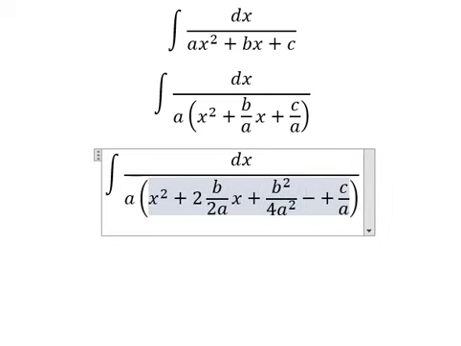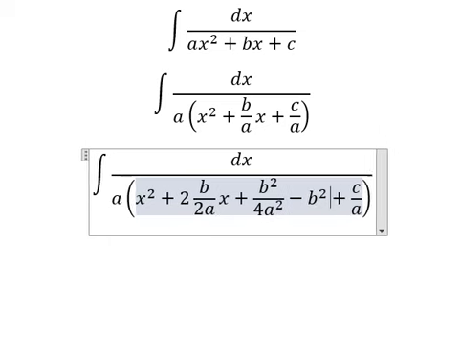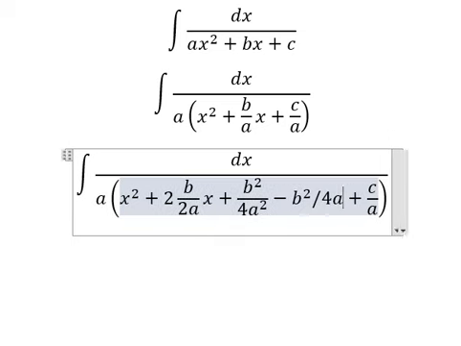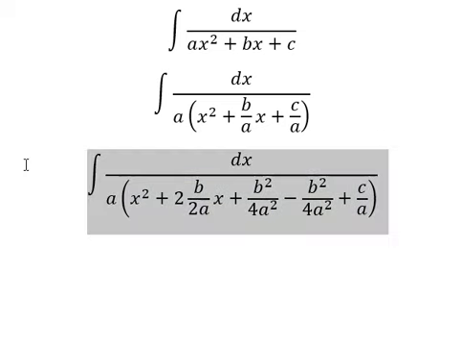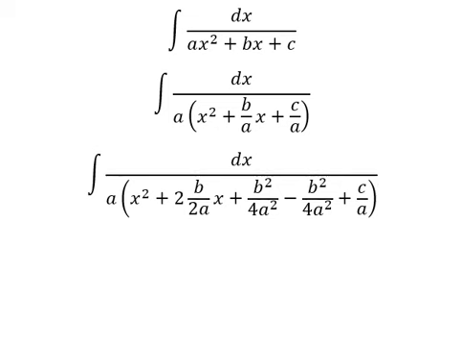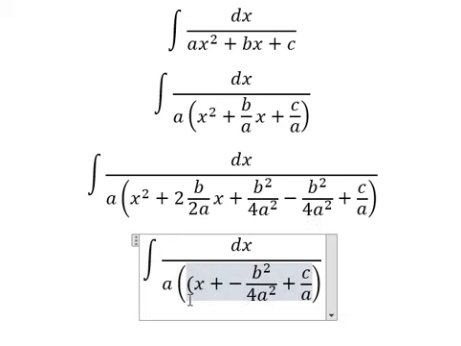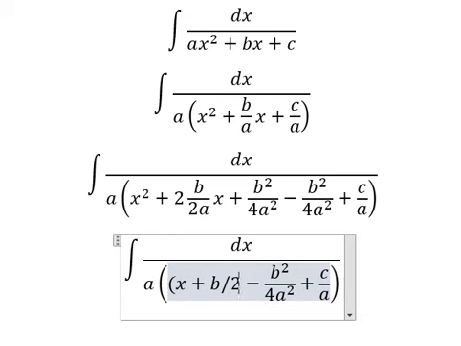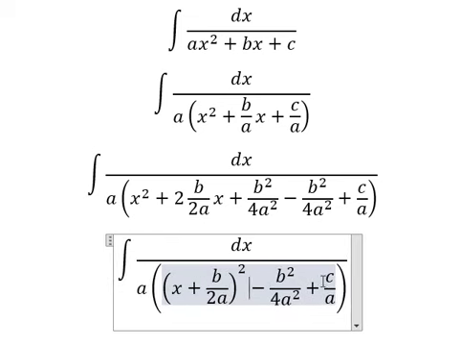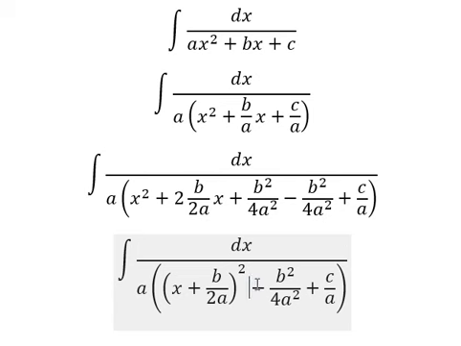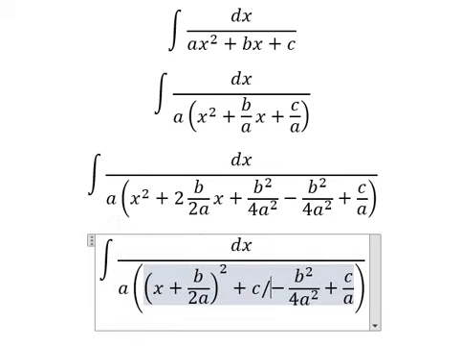Later, we need to minus b squared over 4a squared. So this one is about identities. So this one I will put c over a.